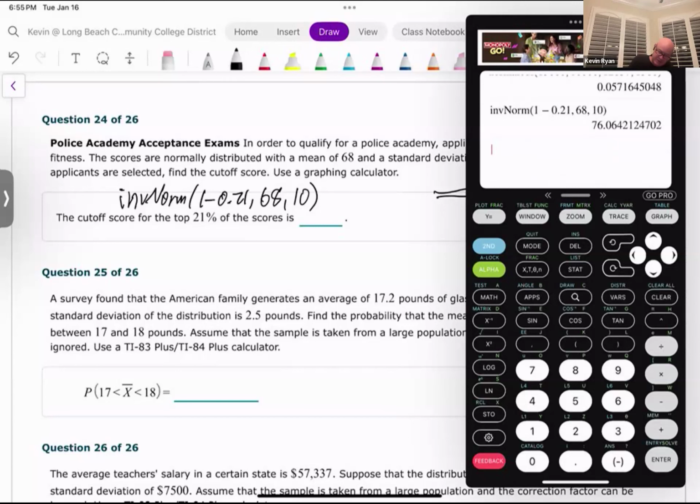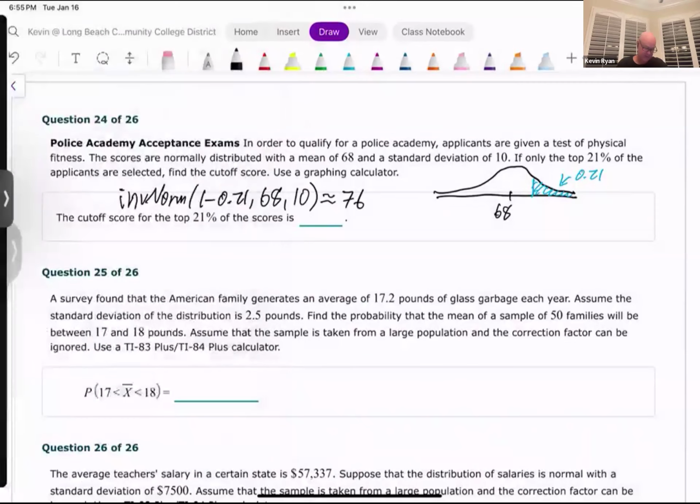And that's going to give us a cutoff score of about 76. So a score of 76 or higher is going to qualify you for the police academy. All right, we are almost done.